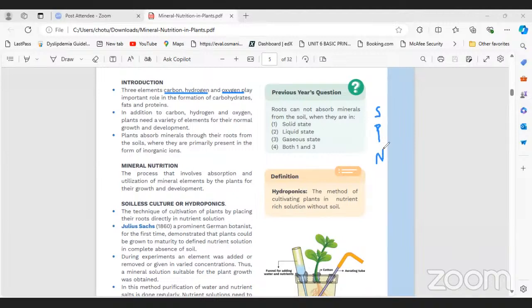These elements are therefore known as protoplasmic elements.